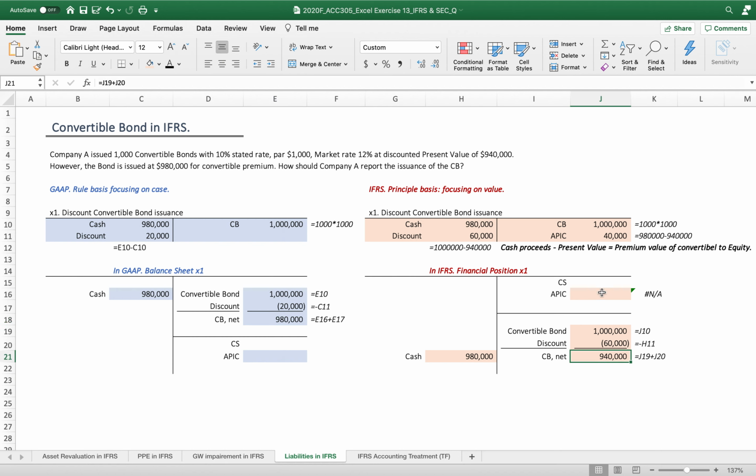Where is the $40,000? Now additional paid in capital, $40,000. The value of the convertible option to equity is $40,000. So this should be presented onto the statement of financial position under IFRS. Very simple exercise.